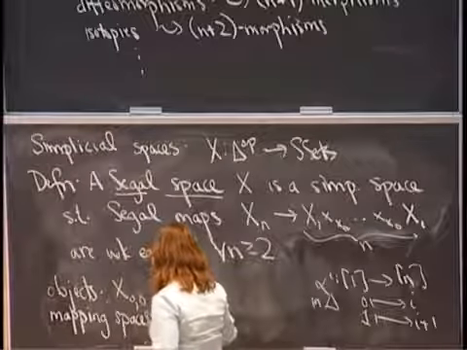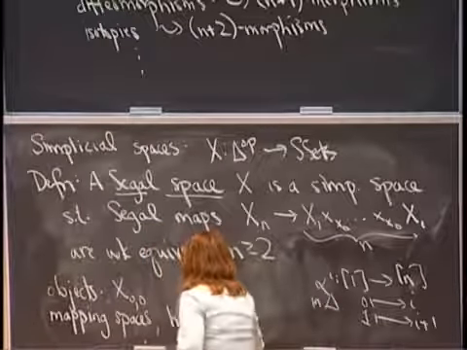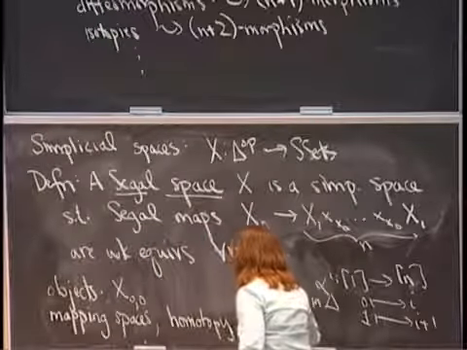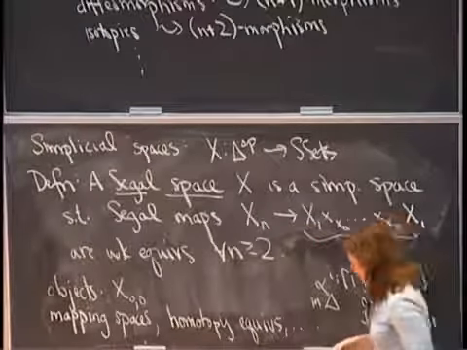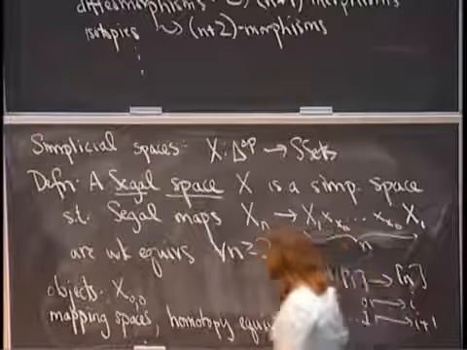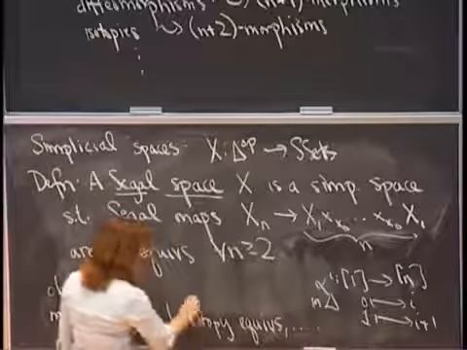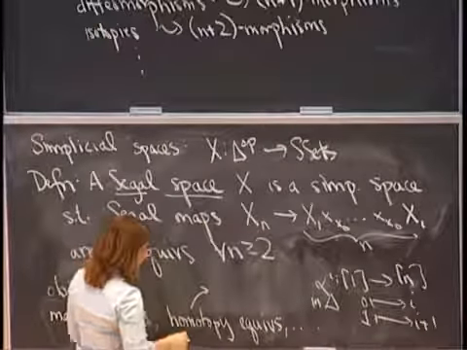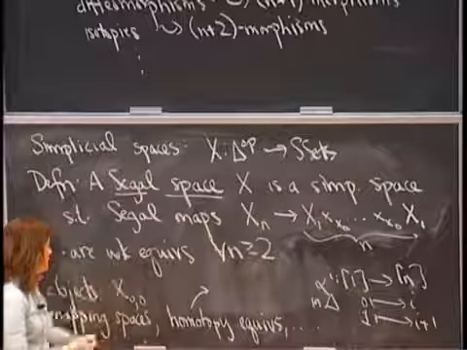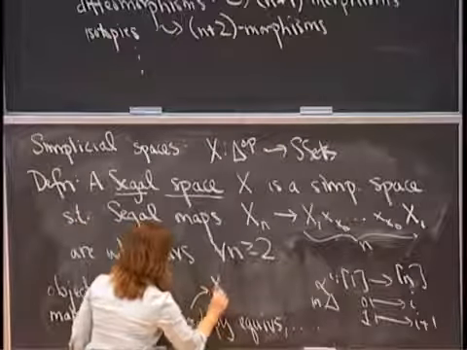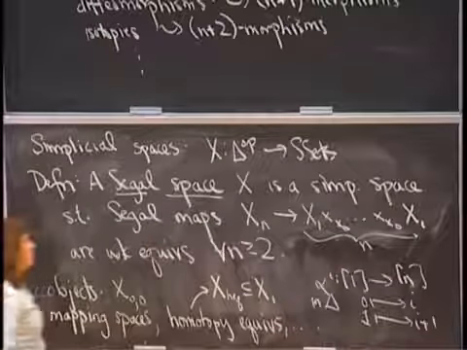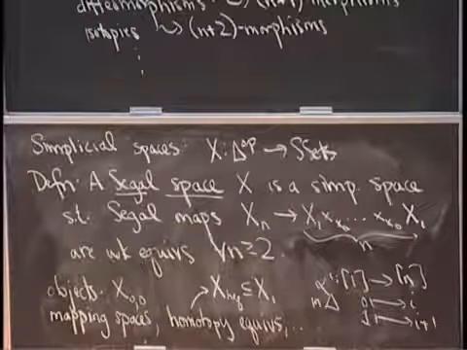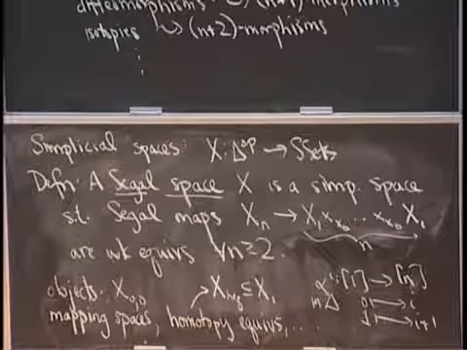You can also get fancier. You can define what homotopy equivalences are, and lots of other things that you like to have for categories. The homotopy equivalences in particular are going to form a subspace of X_1. So I'm going to call them X^hoeq, and they're going to sit inside of X_1. Some of our morphisms will be homotopy equivalences.